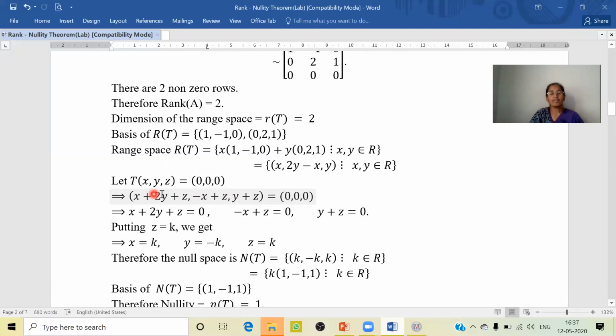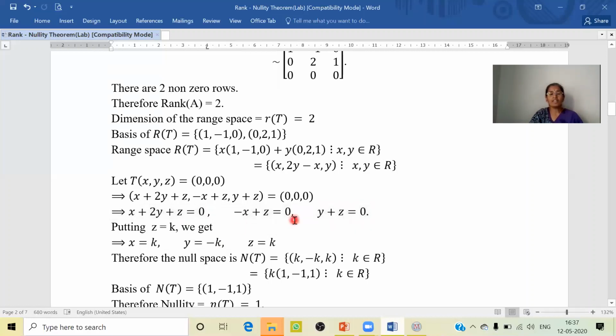So when T of (x, y, z) is equal to the zero vector, we can apply the definition of the linear transformation and put that equal to (0, 0, 0). Now let us equate each coordinate to 0. So we get x + 2y + z = 0, -x + z = 0, y + z = 0.